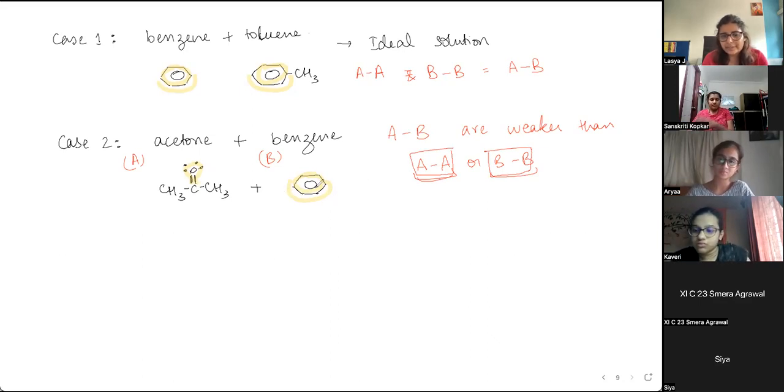They would slightly repel each other. You have lots of negative charges here, and the repulsion between AB is more than the repulsion in AA or the repulsion in individual BB. Basically the electrons that are in resonance in benzene would repel the free electrons on acetone ka O. Yeah.